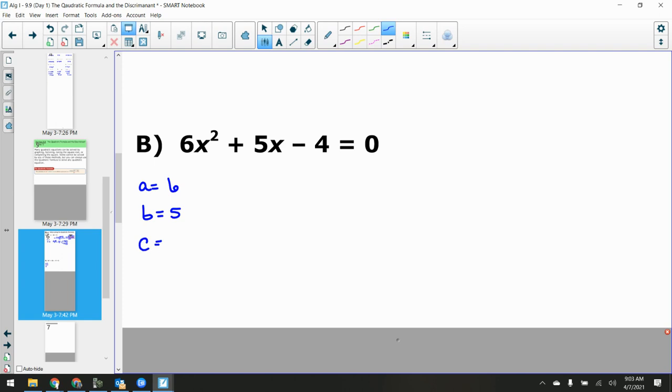And what's C? Negative 4. All right, everybody, right now, write out the quadratic formula with the letters. x equals negative B plus or minus the square root of B squared minus 4AC, all divided by 2A.